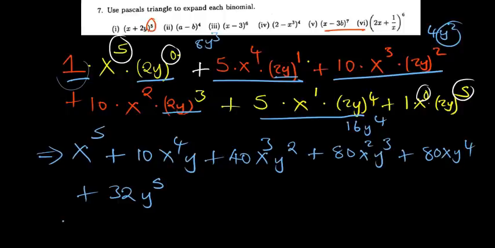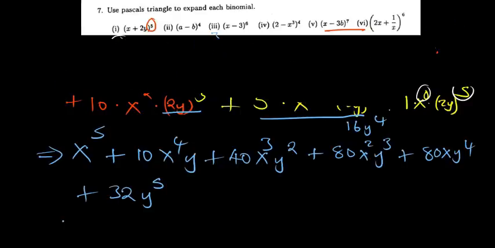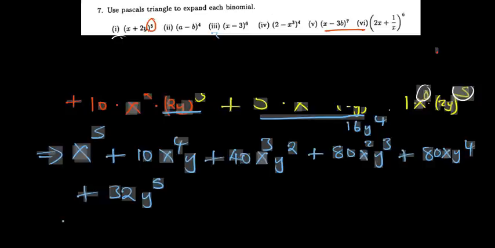Basically, this is how you expand that. Very simple and straightforward. We can apply the same concept to the next one. So feel free now to pause the video and try out the next one.